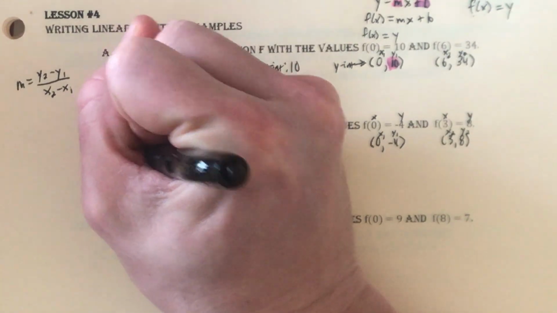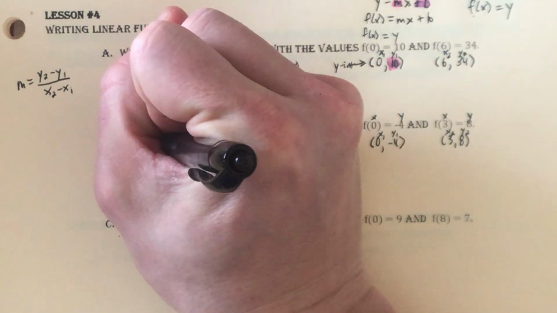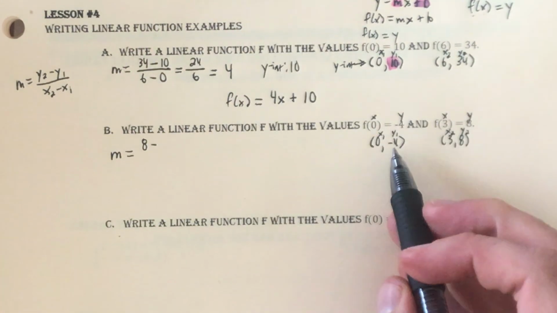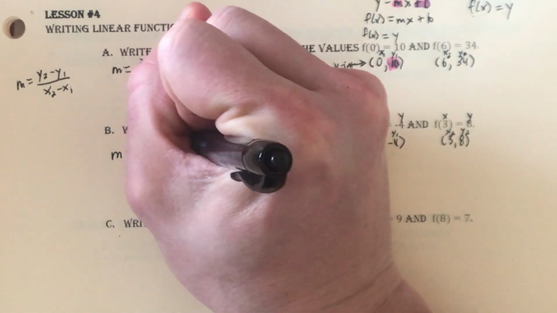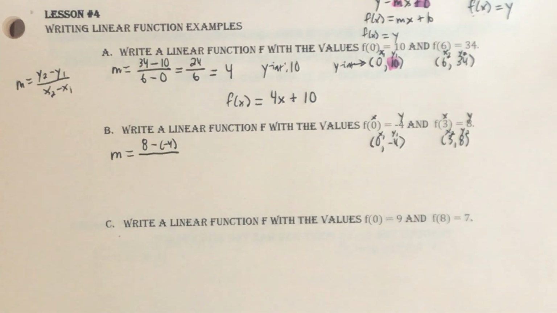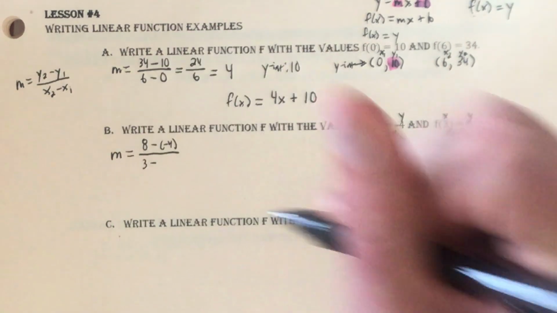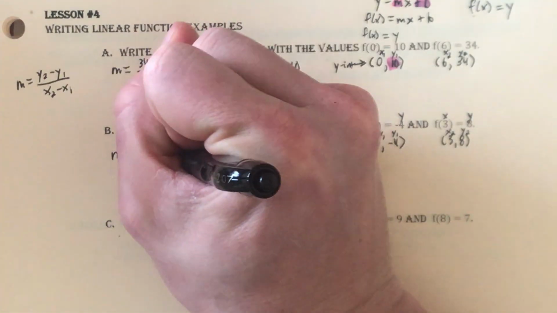So I've got m equals y2 is 8 minus y1 is -4. So remember, always put the minus first. Then if you've got a negative, put it in parentheses. x2 is 3 minus x1, which is 0.